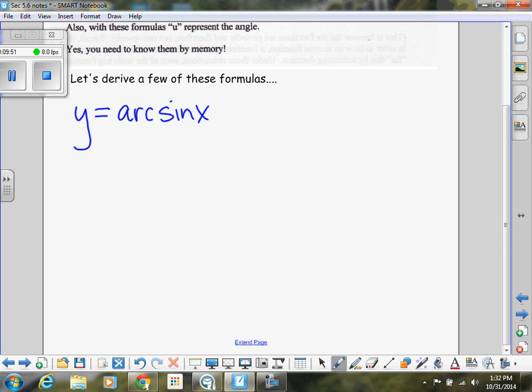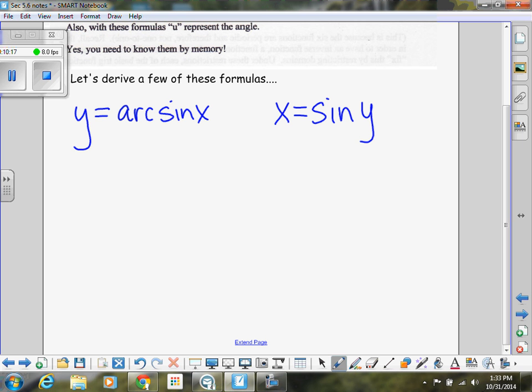What does this really mean? This means sine of y equals x. So I'm going to write it like this. I'm going to use this form because when I find a derivative, I know how to take the derivative of sine. I don't know yet how to take the derivative of an arcsine. That's why I'm doing it in this form over here on the right and not on the left.